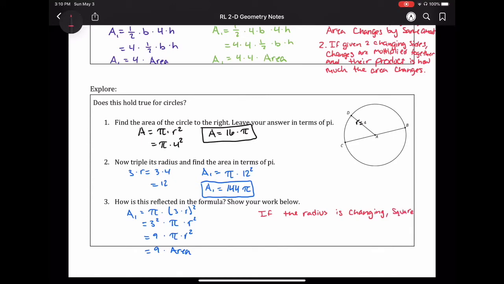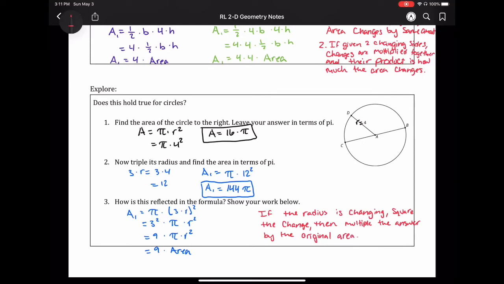So you're squaring the change and multiplying your answer by the original area. So if the radius is changing, square the change, then multiply the answer, or the square, by the original area.